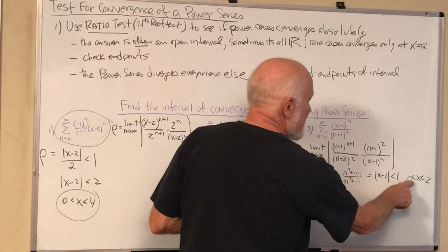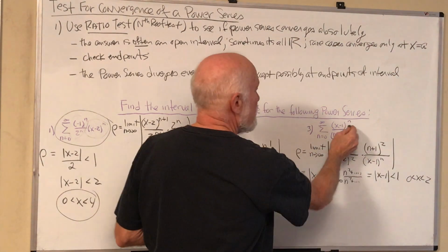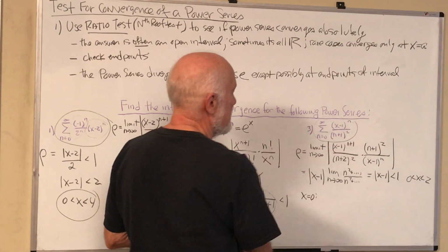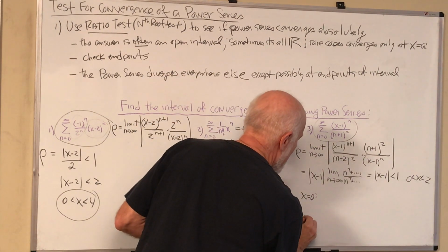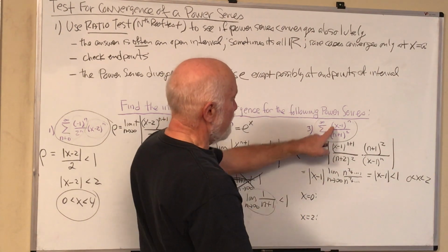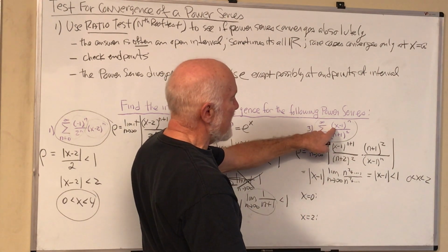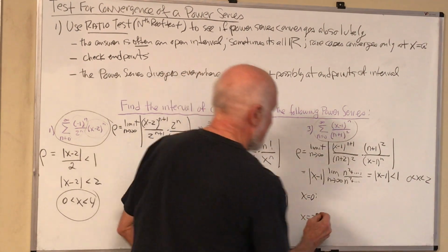So at x equals 0, what do we do? We just take the original series and put in 0, and the other one we're going to want to put in is 2. I'm going to put in 2 first. If I put in 2, what do I get for my series? 2 minus 1 to the n, which is just 1.